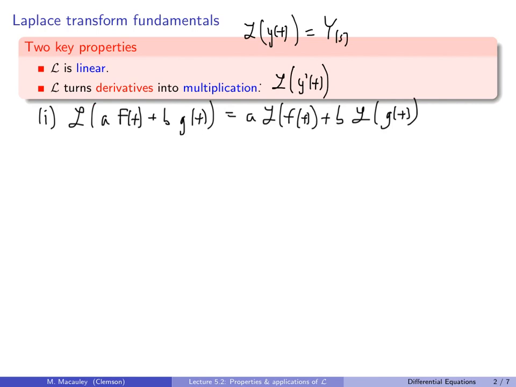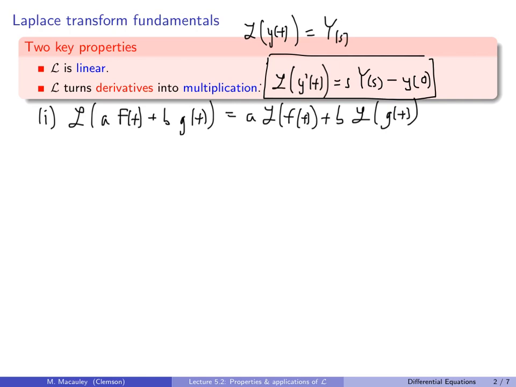Just with this knowledge, we can compute the Laplace transform of the derivative without actually doing any more math. All we have to do is take our Laplace transform of the original function, multiply by s, and then subtract off the initial value y of 0. So this is a key property that is going to be useful time and time again.